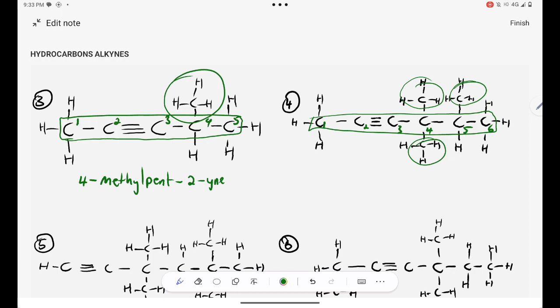So whenever you write down the IUPAC name, you need to mention the additions that are there first, and those additions are called our side chains. I'll simply say 4,4,5-trimethyl. I have 6 carbons, that's hex. Between carbon number 2 and 3, I have a triple bond. I will always choose a lesser number, so 2-yne.